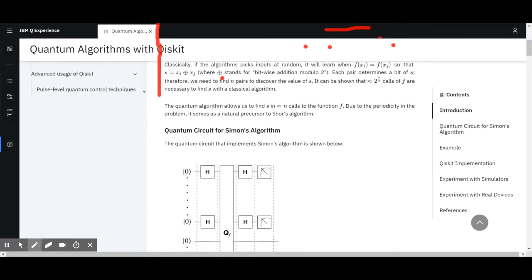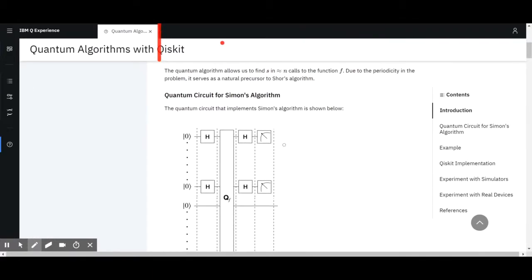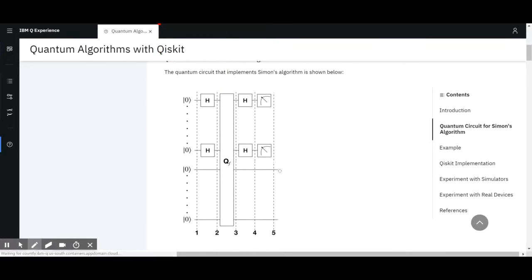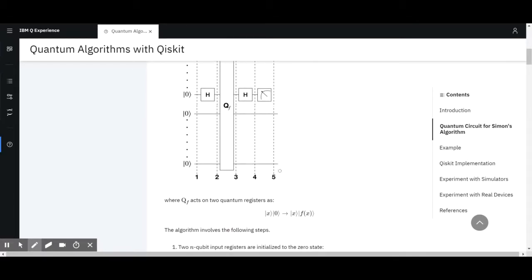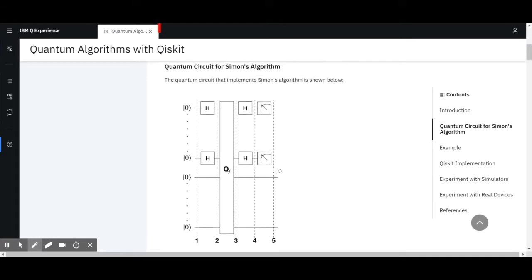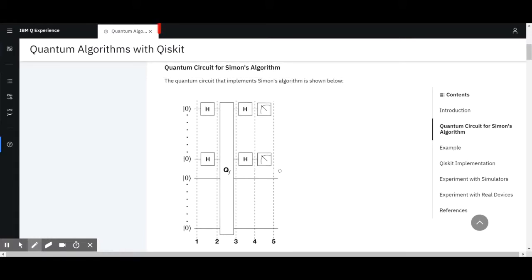Okay, so the quantum circuit for Simon's algorithm. The quantum circuit that implements Simon's algorithm is shown below. Let's try to understand. Basically, we've got here a bunch of qubits. It seems like these are two groups.